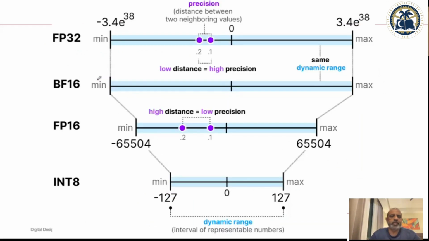So these are the differences: you have floating point 32, floating point 16, BF16, and then a fixed point integer format, which has its own dynamic range as an integer number. You need to decide how you are going to represent these numbers. As you can see, here are the negative and positive numbers, the minimum and maximum that are possible.